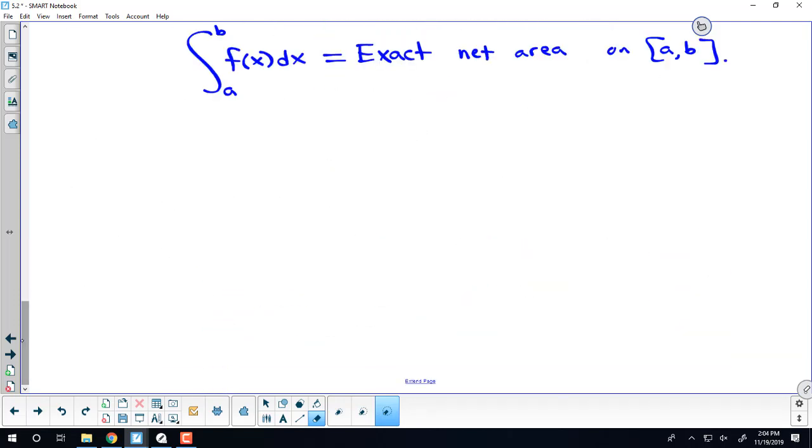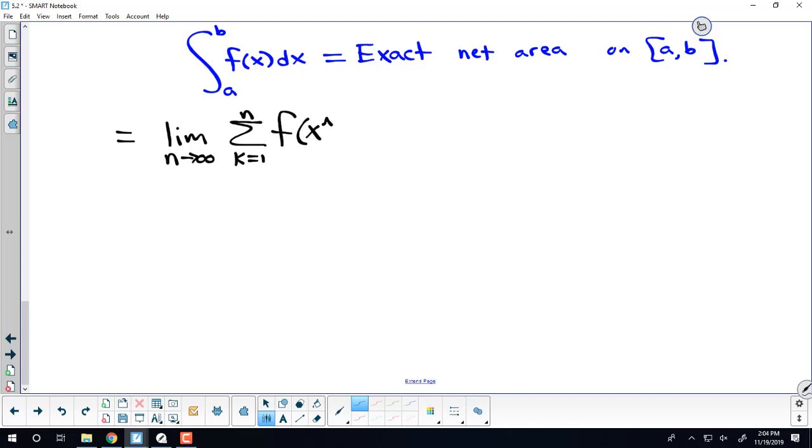Since this integral from a to b f of x dx is the same thing as the limit as n approaches infinity of the sum from 1 to n of f of x star sub k times delta x.